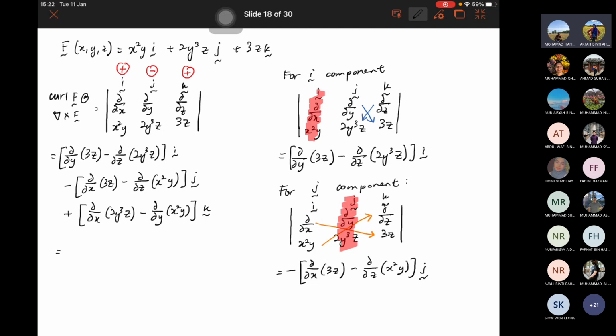So akan dapat berapa? Tutup kolom k. Okay. Then you will have for the k component.